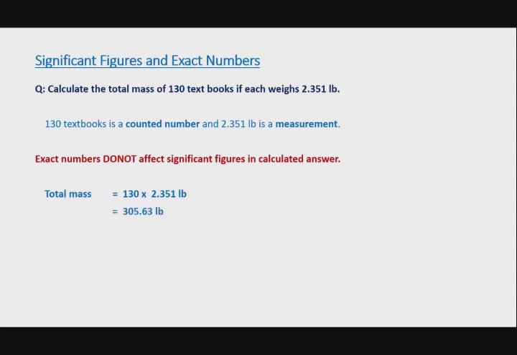Now, should the final answer be represented in two significant figures because of 130 textbooks, or four significant figures because of 2.351 pounds? Four significant figures, absolutely, because that is a measurement. 130 textbooks is a counted number, and that does not affect the number of significant figures in an answer.